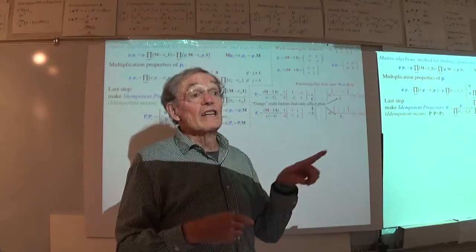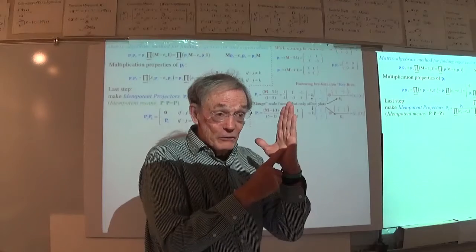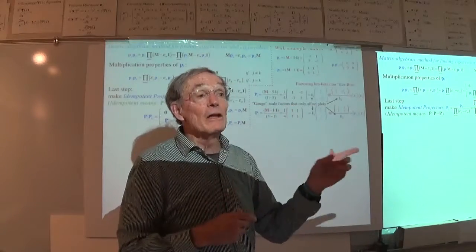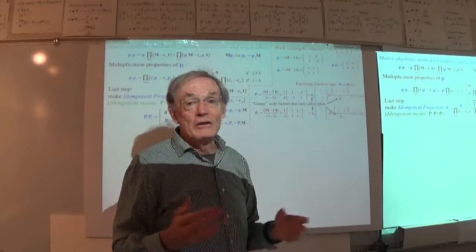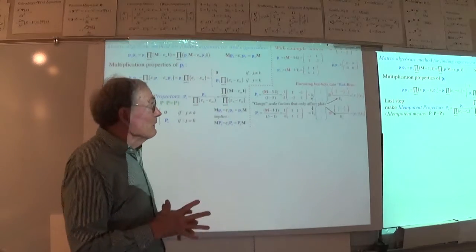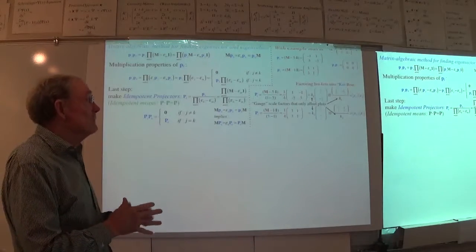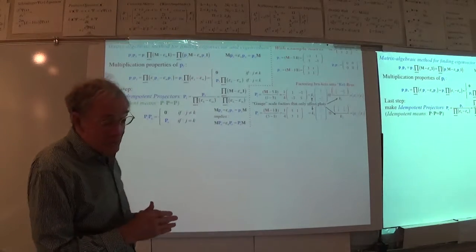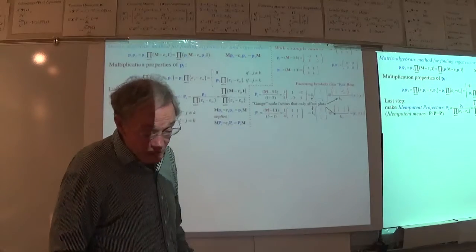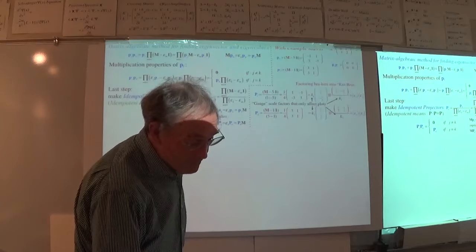But the vectors contain n squared numbers, because you've got n of them, and each one has n components. So you've got n complex numbers sitting there trying to tell you something. So the eigenvectors are things we want to handle skillfully. That's where the physics is. Eigenvalues give you some beat frequencies and stuff like that. But the stuff inside is really giving you the form of the wave that you've produced.